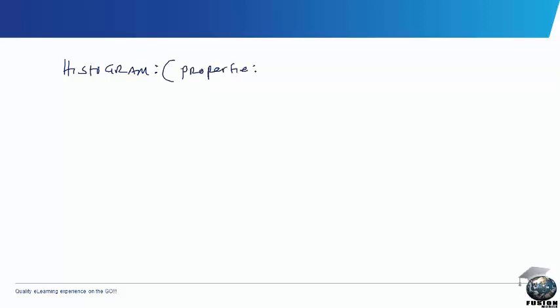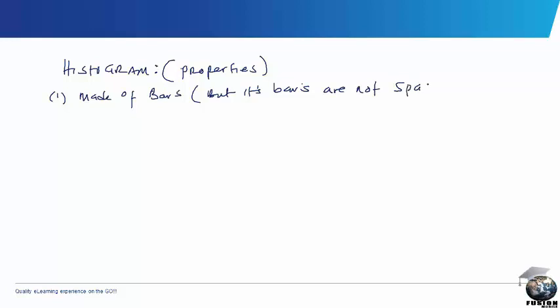Number one, it is made of bars, just like a bar chart, but the bars are not spaced, just like you have in bar charts. The bars have no gaps between them. They are made of rectangles that correspond to the class frequencies.